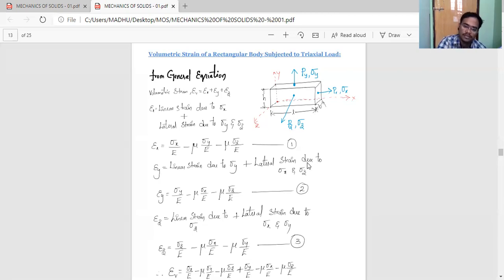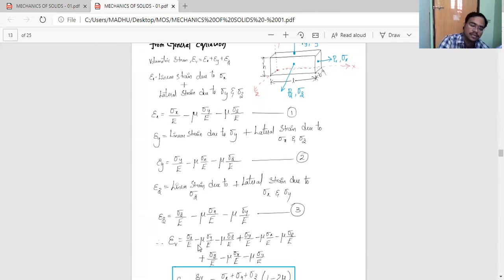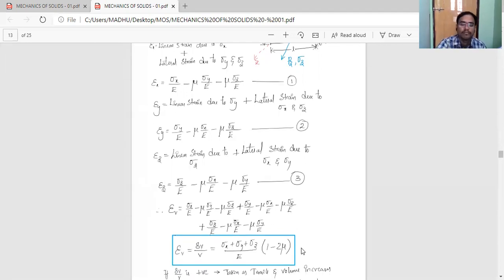When you add 1, 2 and 3, we get the final result like this: sigma x by E minus mu sigma y by E minus mu sigma z by E, plus sigma y by E minus mu sigma x by E minus mu sigma z by E, plus sigma z by E minus mu sigma x by E minus mu sigma y by E. Now, when we separate the terms, we have sigma x by E, and the other terms are also with mu.